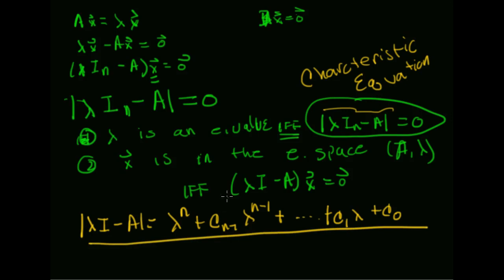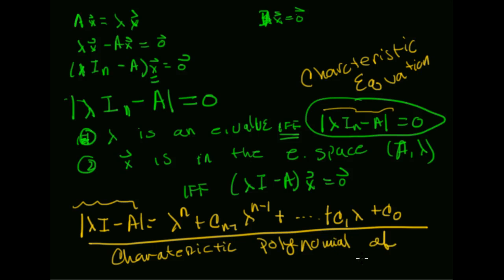This polynomial, because when I do the determinant I get powers of lambda, is what we're going to call the characteristic polynomial of A. And we're going to leverage this information in order to first find eigenvalues and then find eigenvectors.